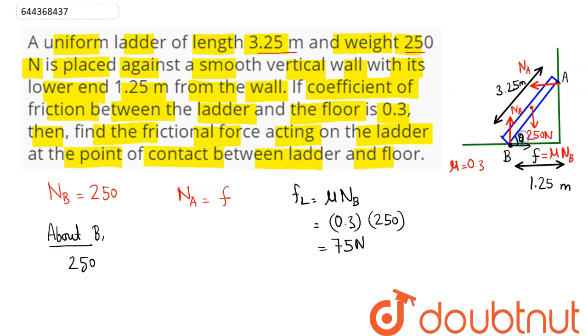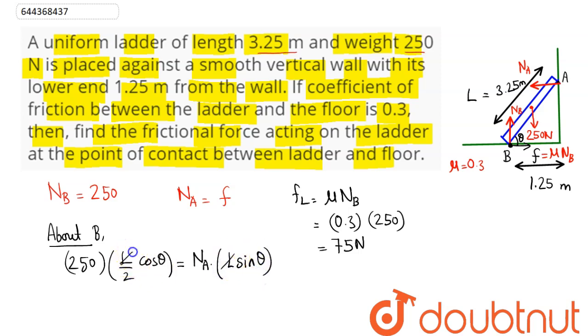If this here is our theta, the 250 Newton acts at L by 2, so the perpendicular distance of this 250 Newton, as the total rod length is 3.25 meters, is L by 2 into cos theta. Now in the case of NA, this force NA is along the left direction, so the perpendicular distance will be L times sine theta.